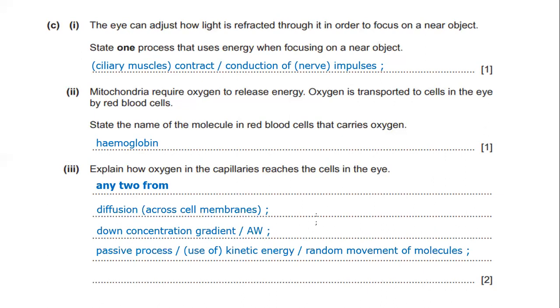Through the process of diffusion, oxygen moves down a concentration gradient from the air in the body to the blood across the cell membrane. Or you can answer passive process, uses no energy, or the movement of molecules. You have to choose either, or any facts that you write related to this will be accepted as 2 marks.